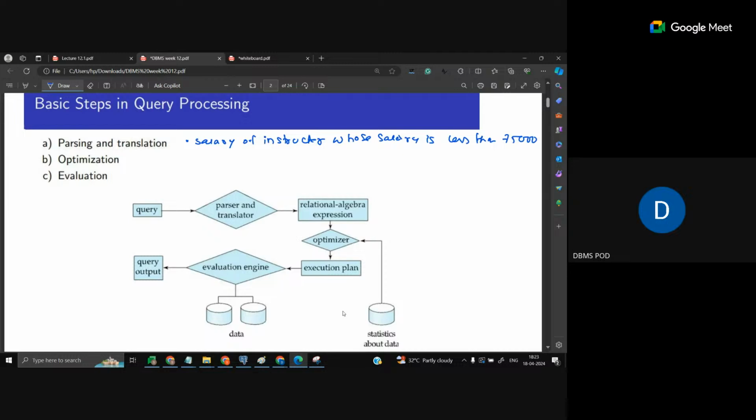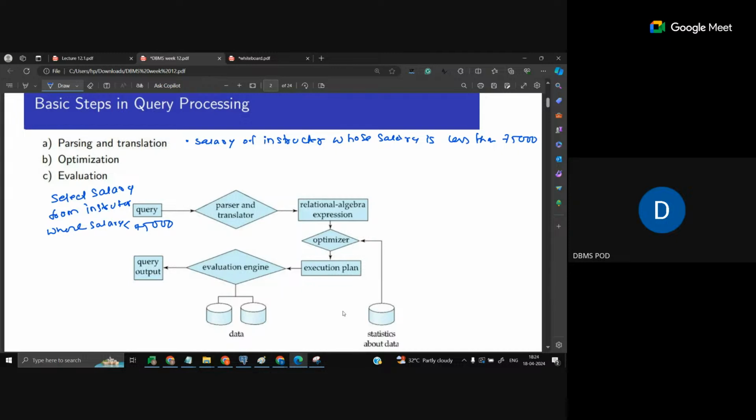So what will be the query? Select salary from instructor where salary less than 75,000.